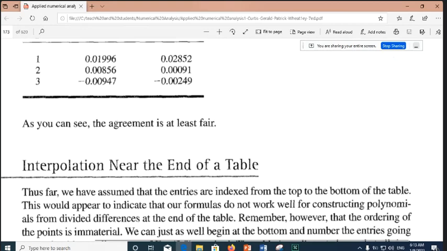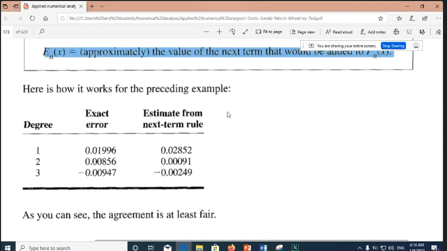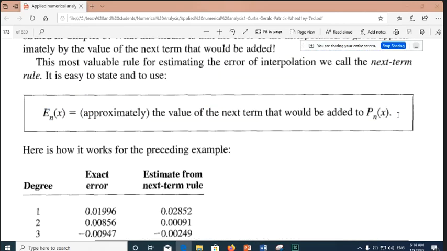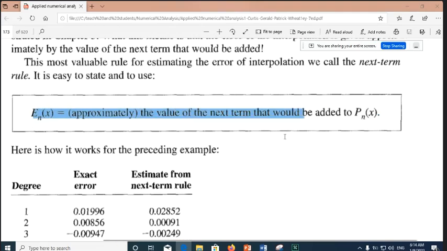As you can see, the agreement is at least fair, which means there is a similarity, or this statement is not completely wrong, and it's right to some extent.